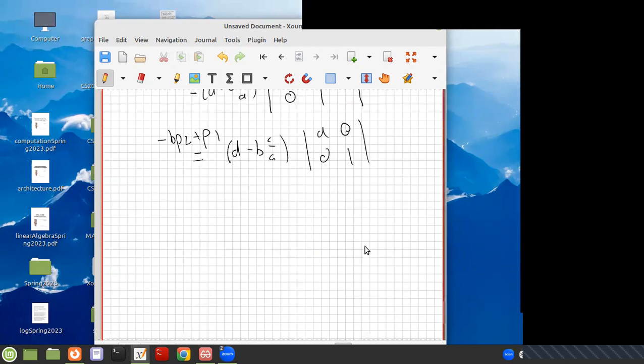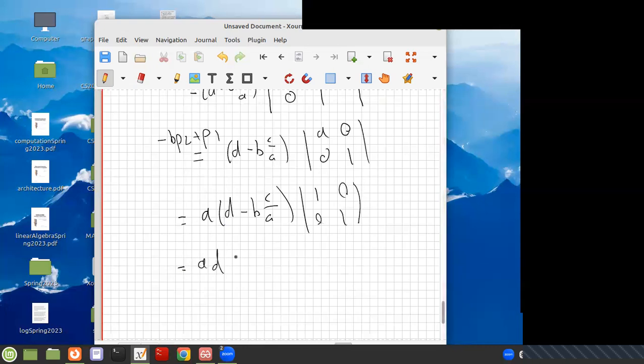Now I can factor out the A here, so it will be A times D minus B C over A times the identity, 1, 0, 0, 1. Now, if I multiply the A in, I have AD minus BC, times 1, 0, 0, 1, which equals AD minus BC.